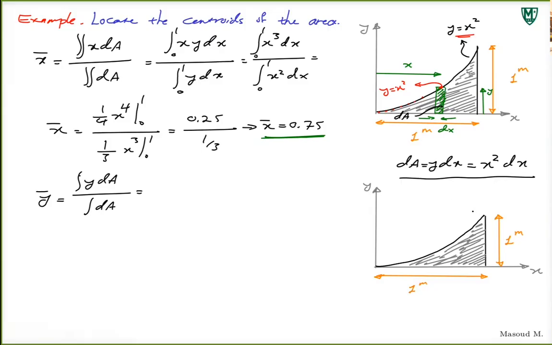And this line there is y equals x squared. Now, the new element I take to calculate this integral should be such that y is changing, because I'm trying to find y bar. So I'm going to take the element this way.